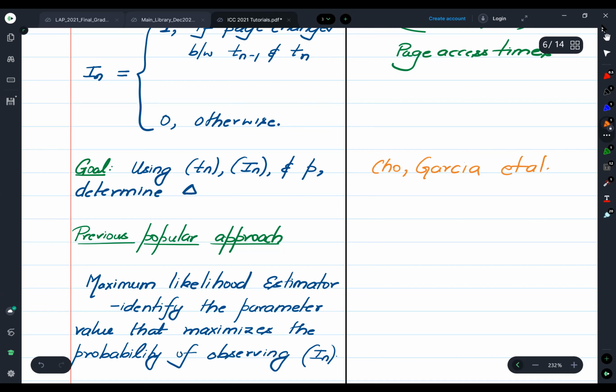I think it's a 2003 paper. It is a well-cited paper, with over 450 citations.